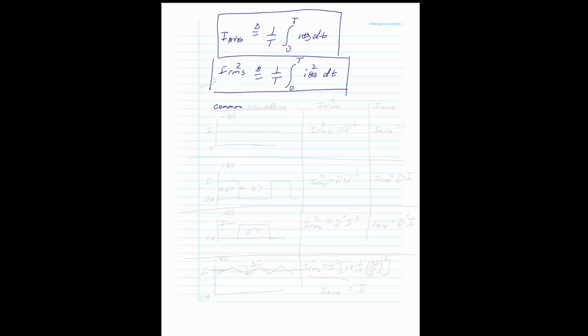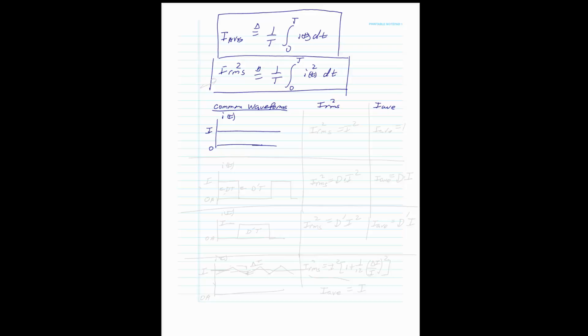So these are the common waveforms. And I'm going to give you the RMS and the I average. So when we look at this, of course, the first one is an easy one. It's just a DC, and if this is the current I, then this is I of t.